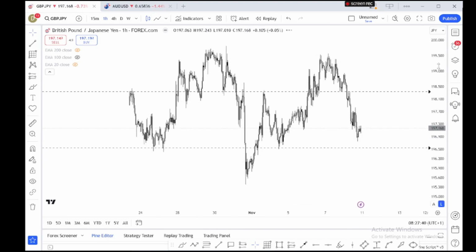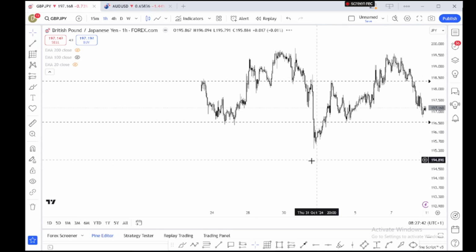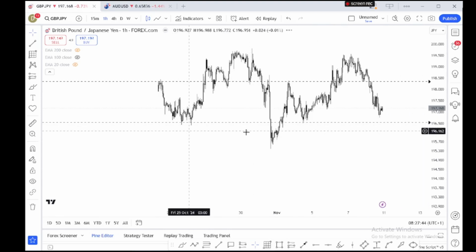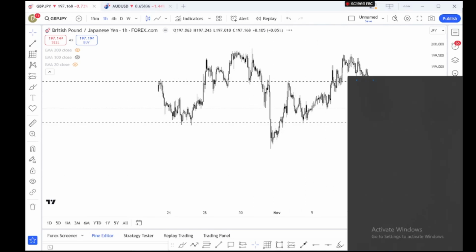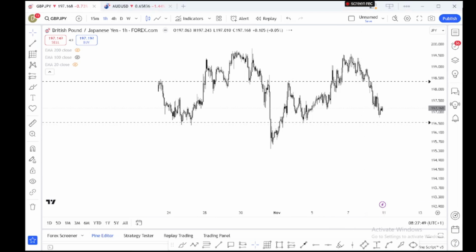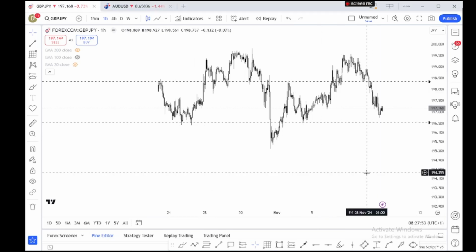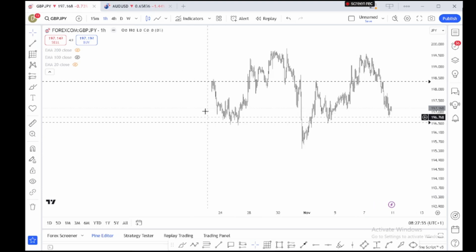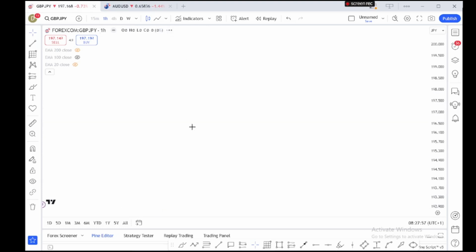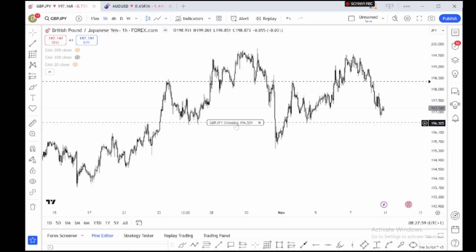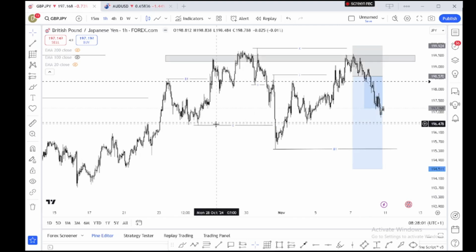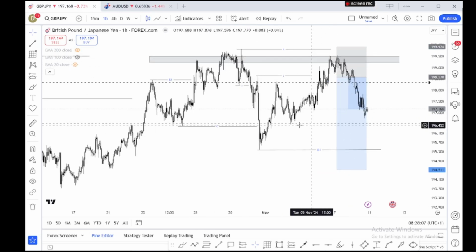So as you see, what I saw here was change of character. Well, this network is slow. Okay, hold on, sorry guys. So what I saw here was market was pushing up. We had change of character here, inducement here, then mitigation here, and you see it's smooth like this.